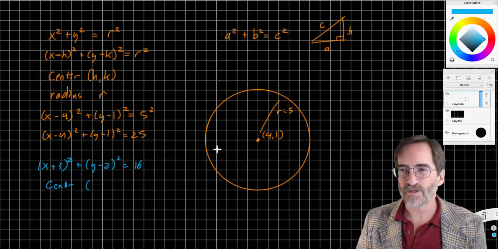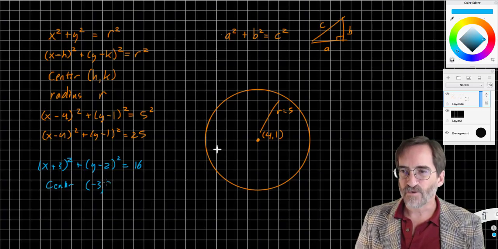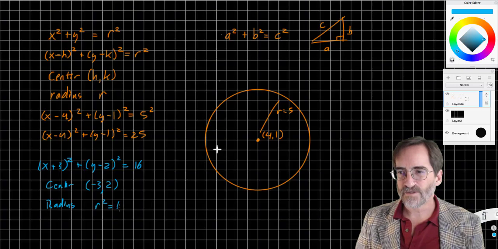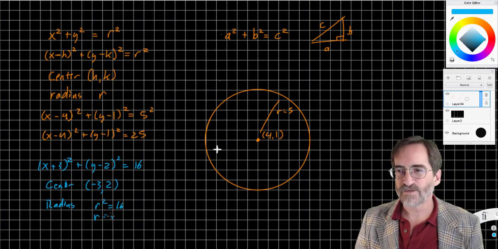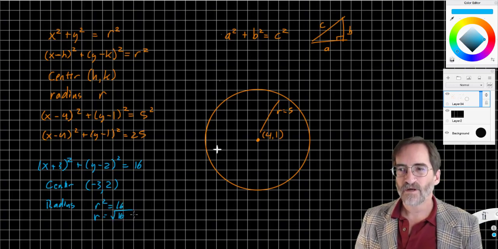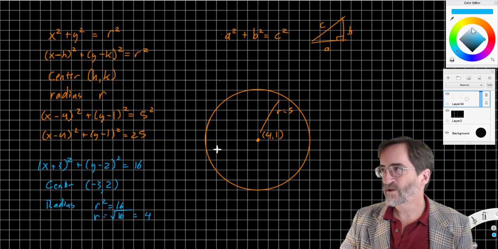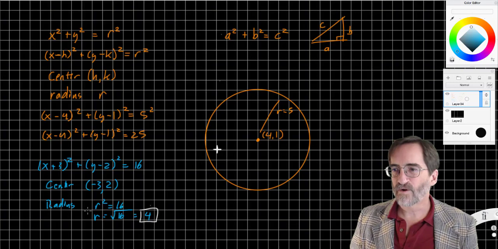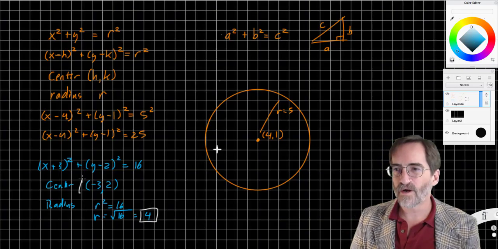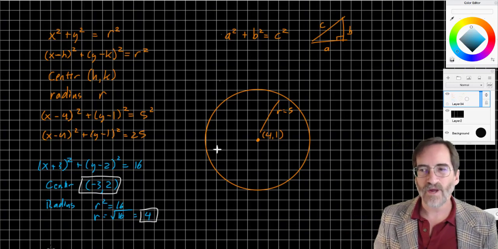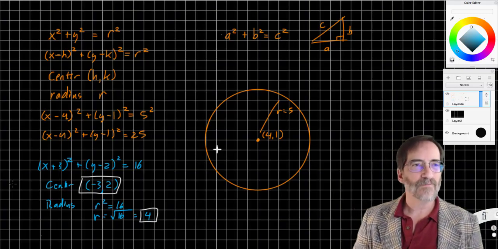So the center is at the opposite of plus 3, which is negative 3, and the opposite of minus 2, which is 2. And the radius, remember, 16 is not the radius. The radius squared is 16, so the radius must be the square root of 16. 4 times 4 is 16, so the radius is 4. So that's a word of caution here: the radius squared is 16, but the radius is 4. All right, hopefully that helps.